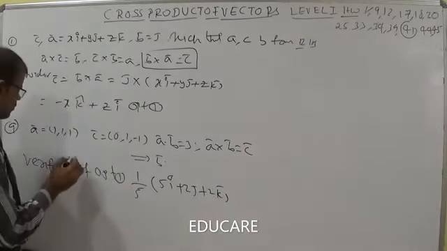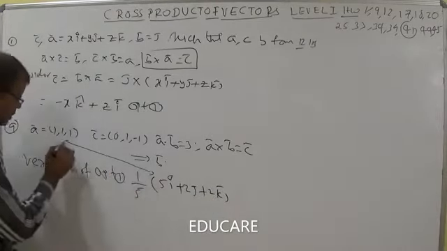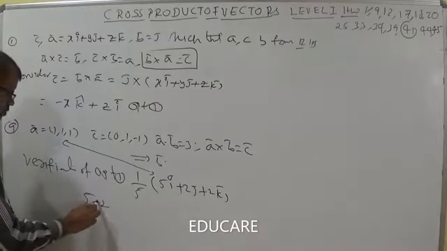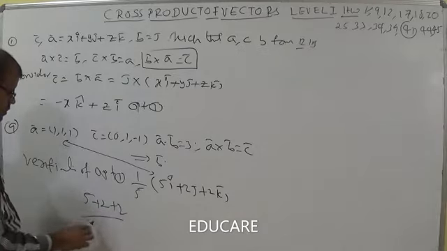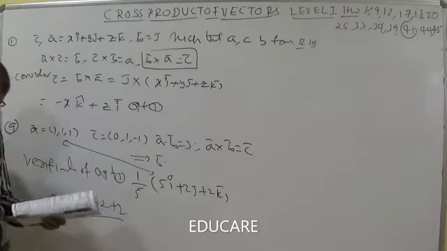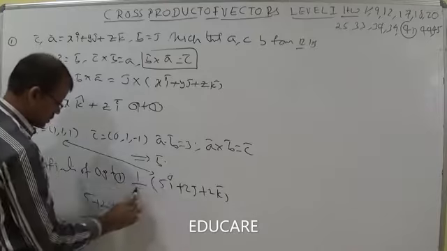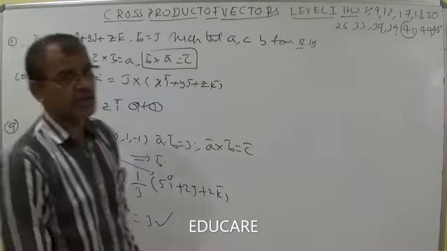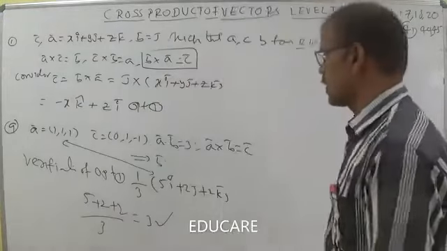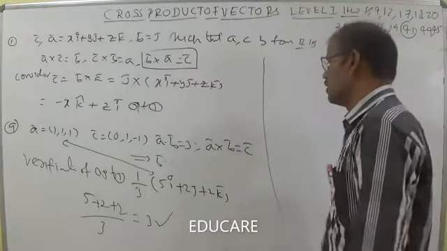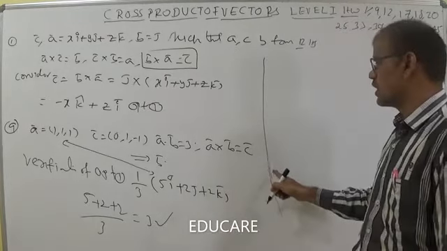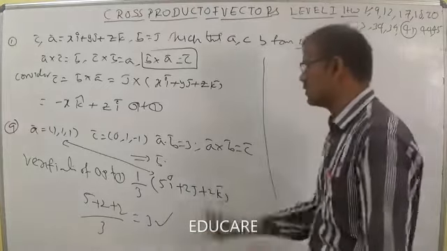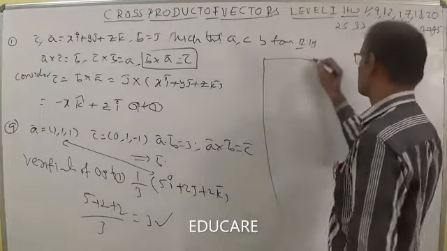So A bar dot B bar equal to 3: here you can write 5 plus 2 plus 2, 5 plus 2 is 7, plus 2 is 9, divided by 3 gives 3, that's all. If you have any doubt, the second and third options can also be verified, then you can do it using A cross B is equal to C. Using this option cross product also, you will get the first option only.